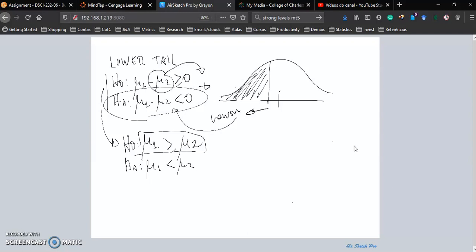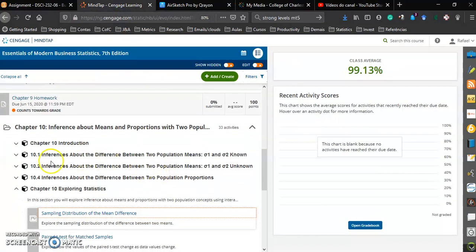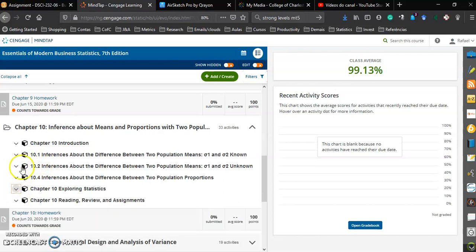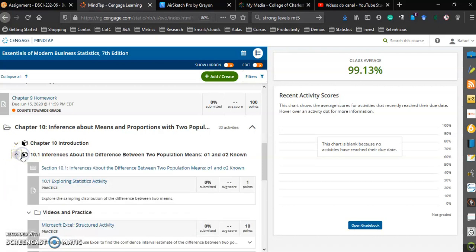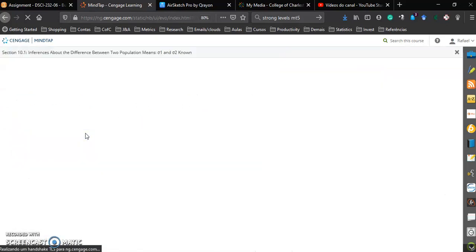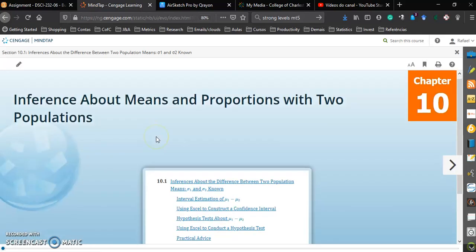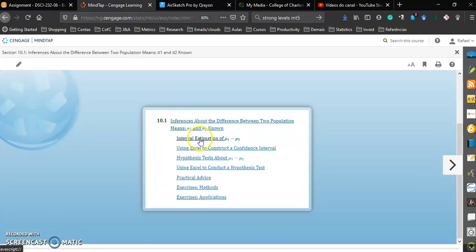Let me see if I can find one example like that in our book. We have building a confidence interval and hypothesis test.